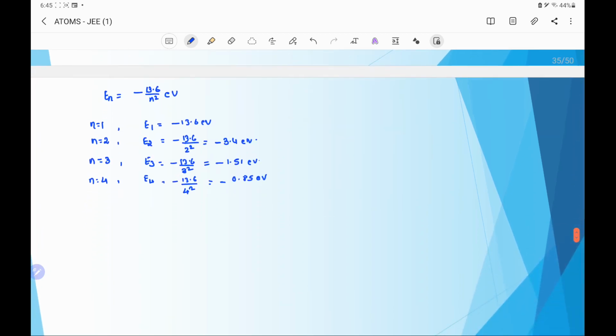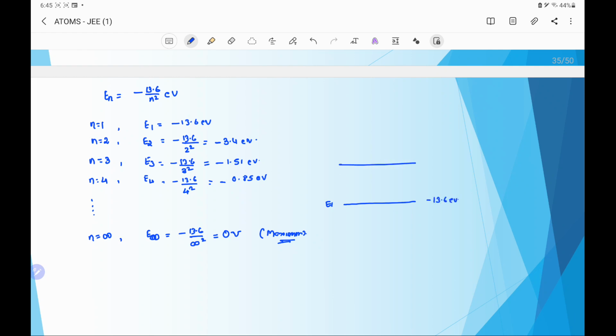And similarly, for the last orbit, which we can take at infinity, E infinity will be minus 13.6 divided by infinity square, and it will be 0 electron volt. And this 0 electron volt is taken as the maximum of the energy. If we draw the energy levels, E1 refers to minus 13.6 electron volt.